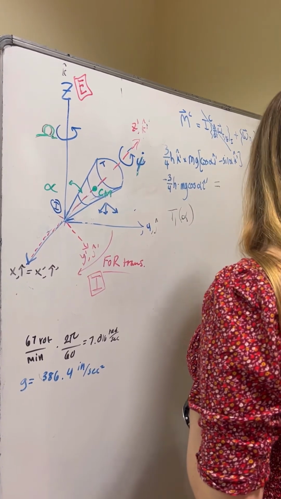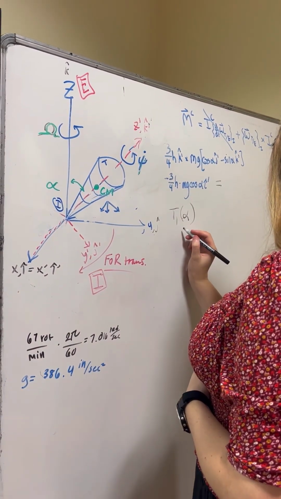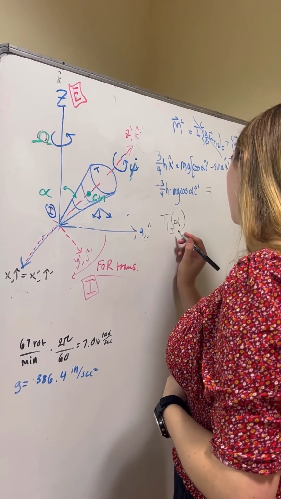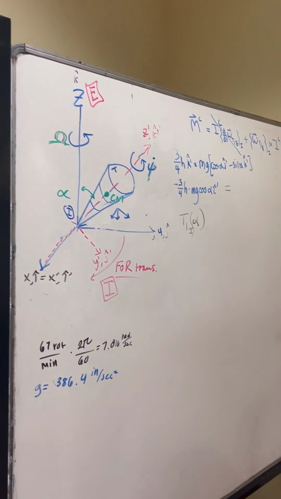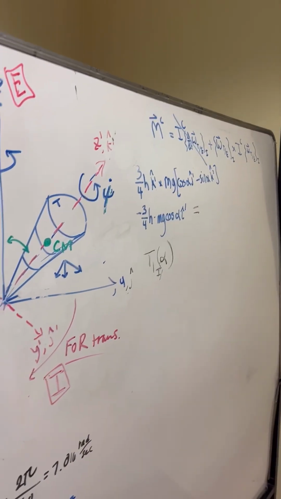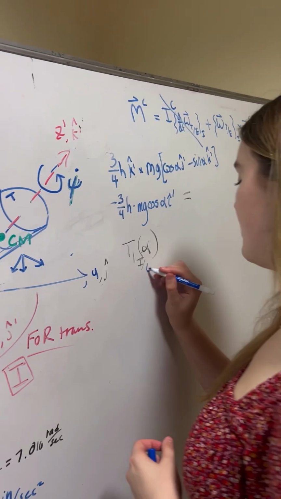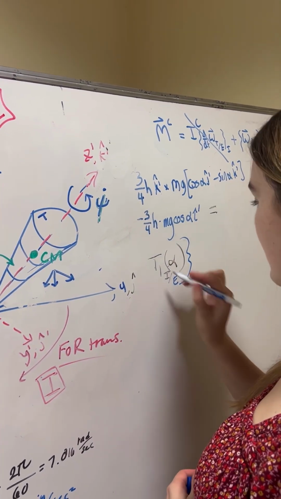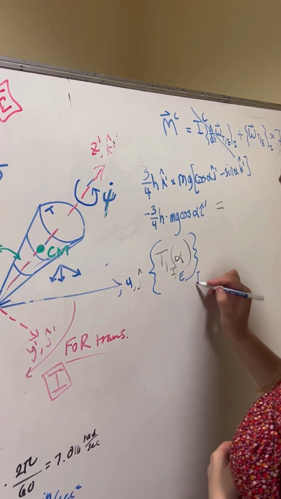And then this is the intermediate frame with relation to Earth. So this is going to be E, and then all this is in the inertial frame. Cool.